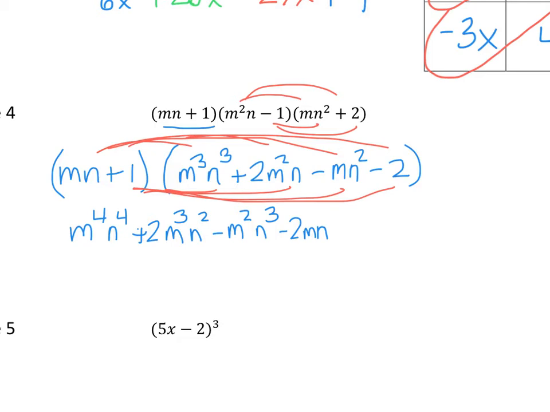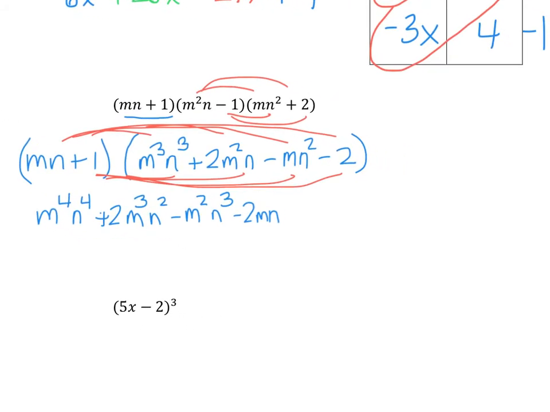Now it's the positive ones term, and I'm going to move over just a little bit here. Okay, so I have plus m cubed n cubed, plus 2m squared n, I'm sorry, that is not a plus, that is a minus.